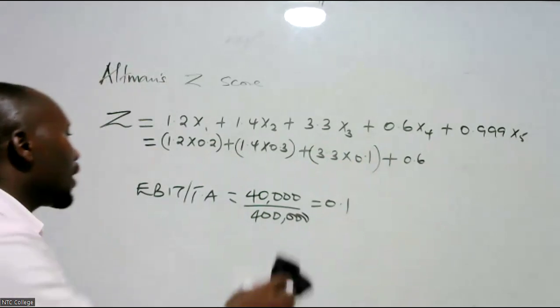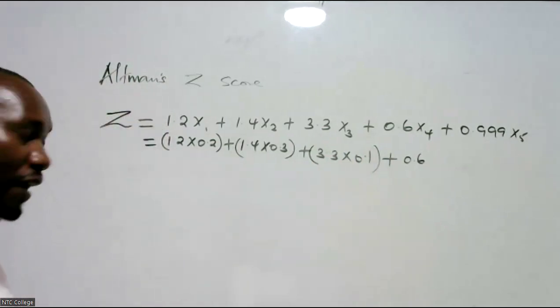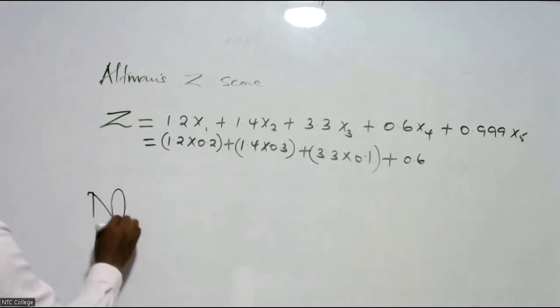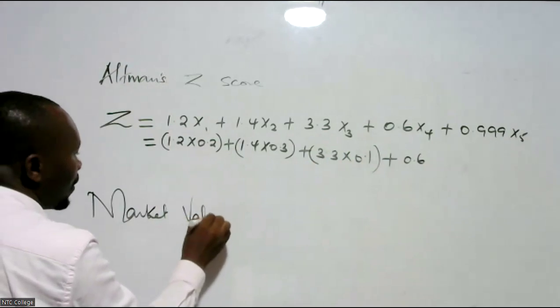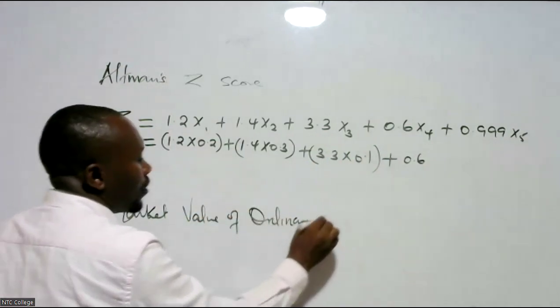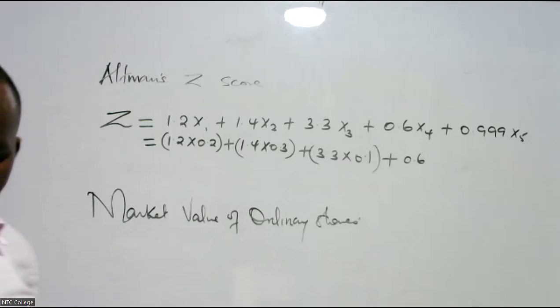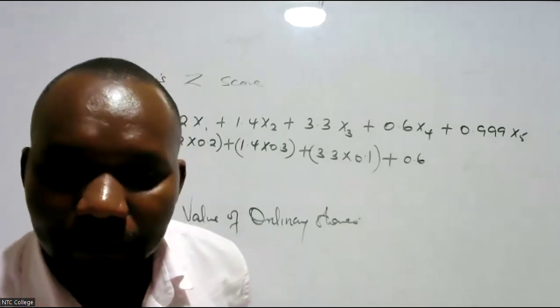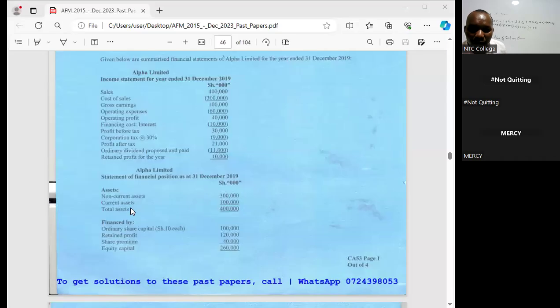You simply look at the market value of ordinary shares. The par value of shares we know, we have been given. That is the value of shares at the time they were purchased, the original value of shares, not the trading value.